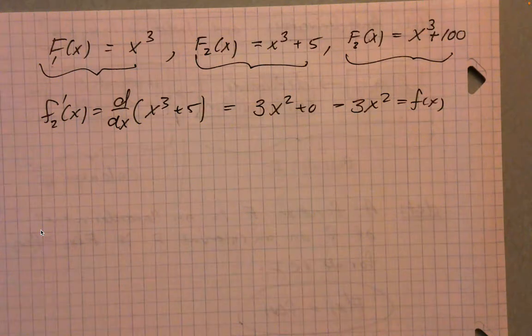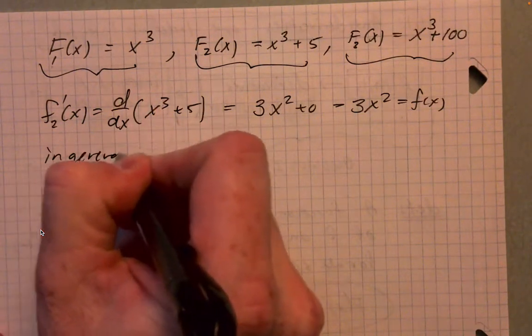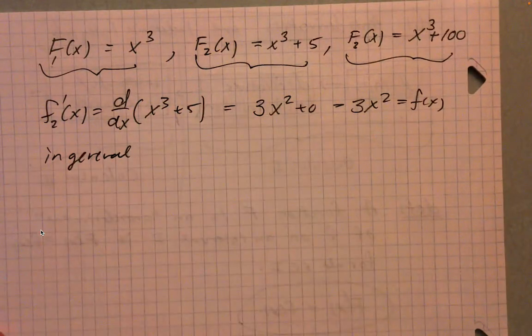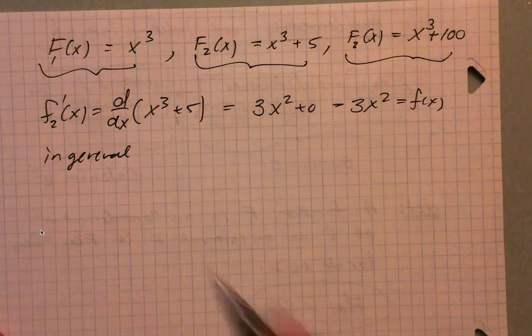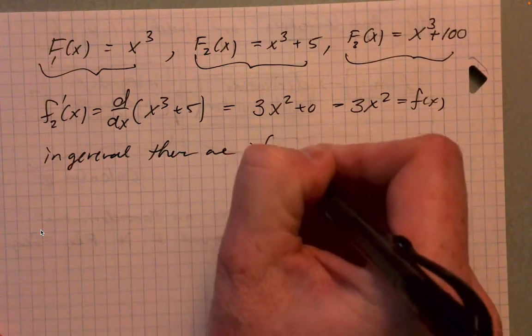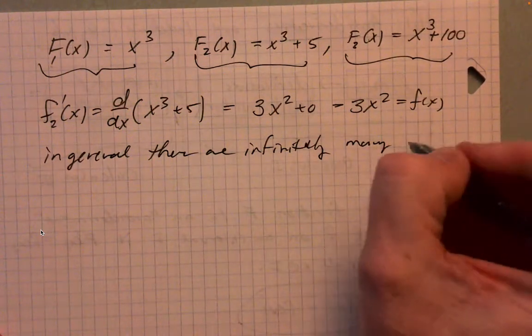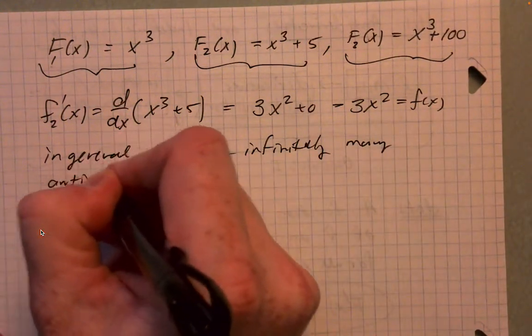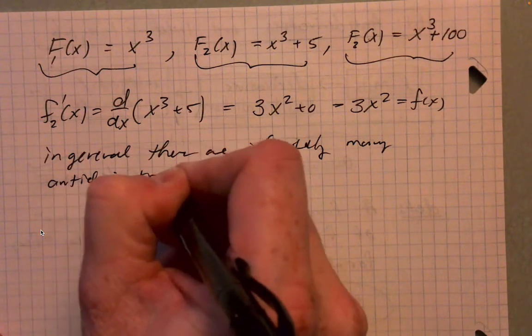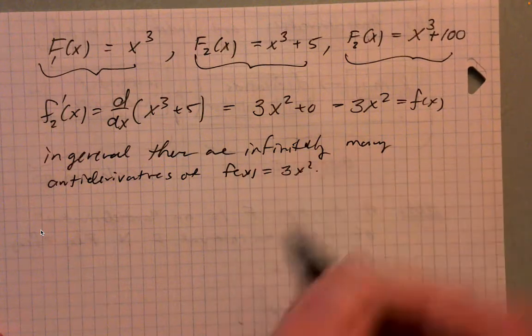So in general, there's an infinite number of antiderivatives for f of x. So in general, there are infinitely many antiderivatives of f of x equals 3x squared.